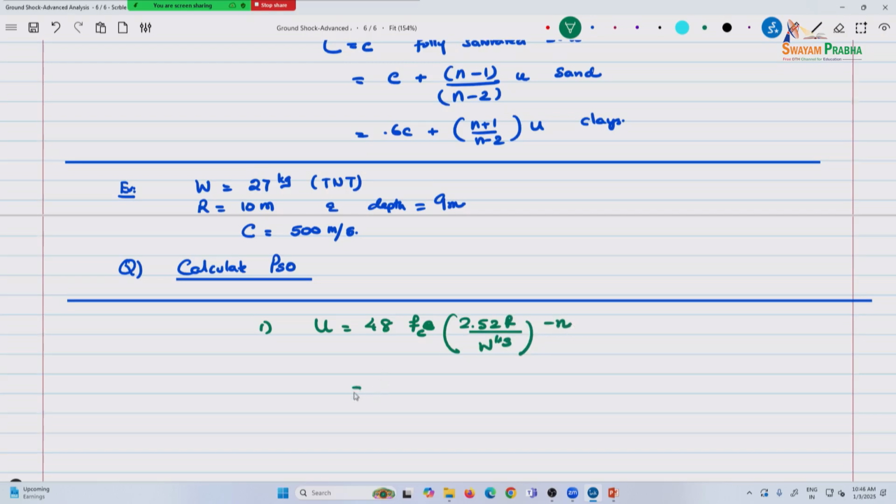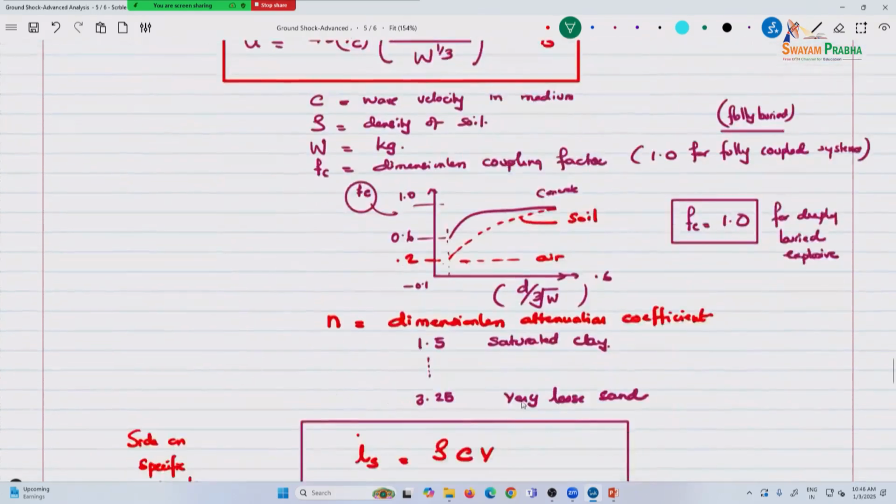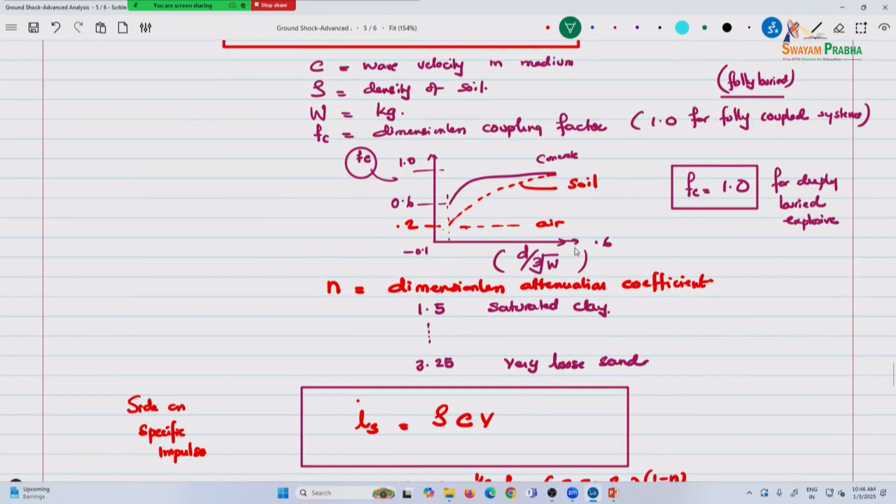This comes to 48 multiplied by the coupling factor, let's say 1. Over here it is up to 0.6.